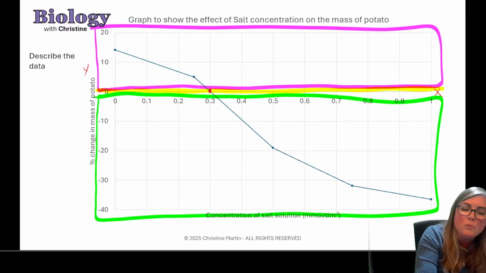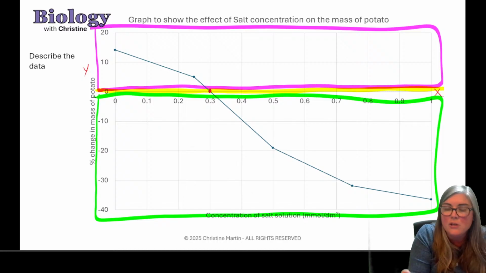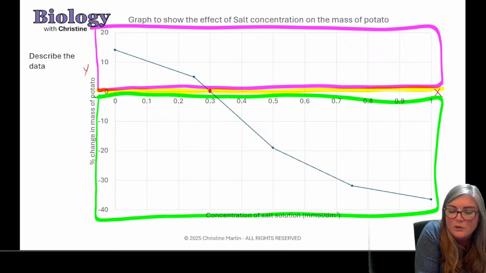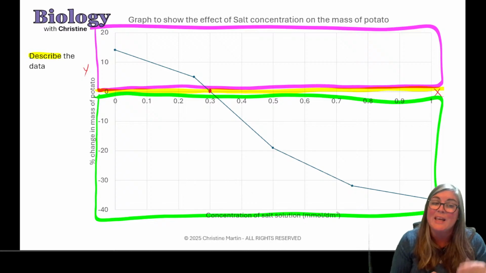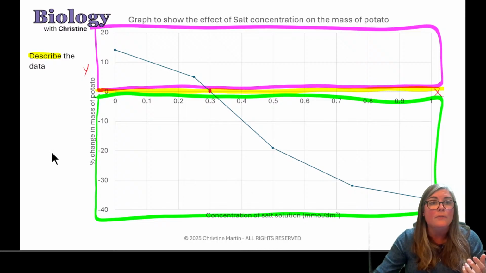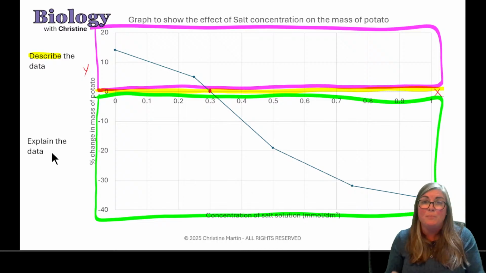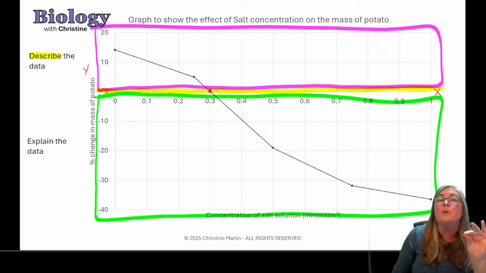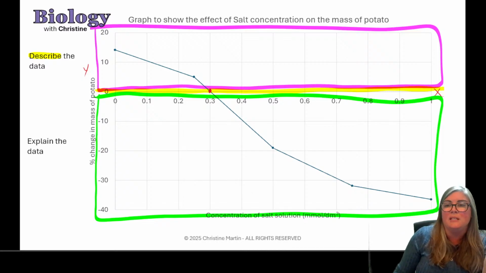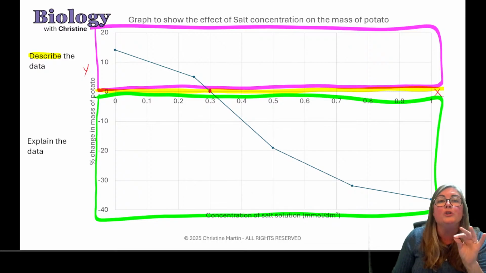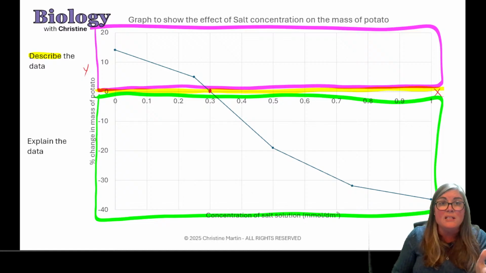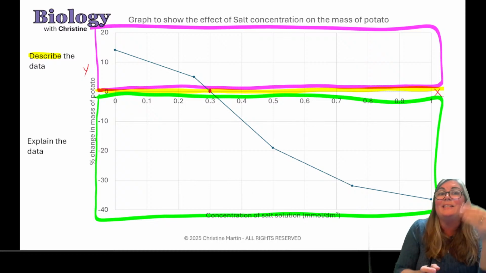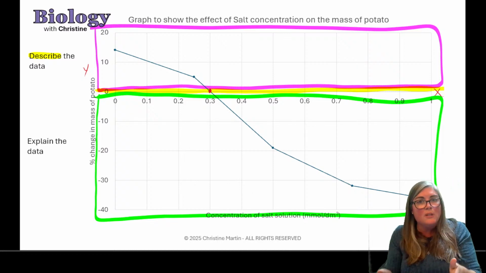So make sure you are looking at, in your exam, when you're doing the questions, what's that command word? Is it describe, or is the command word explain? If the command word is describe the data, you say what you see in the graph and you give specifics. From this point to that point, I can see this.